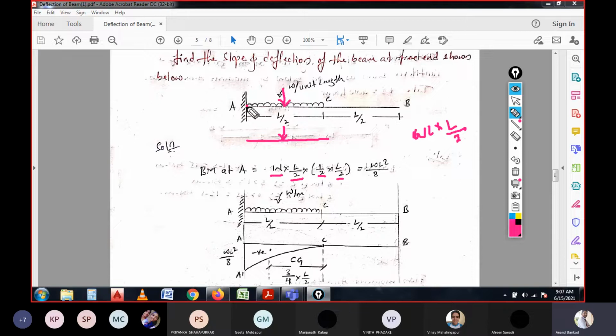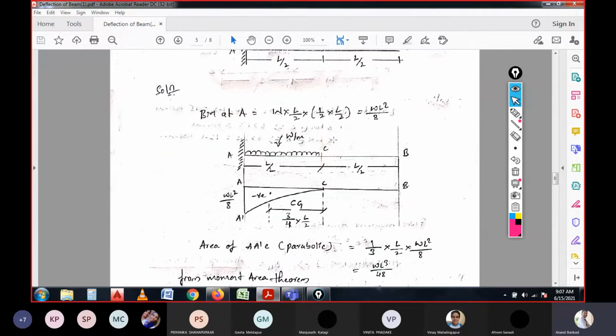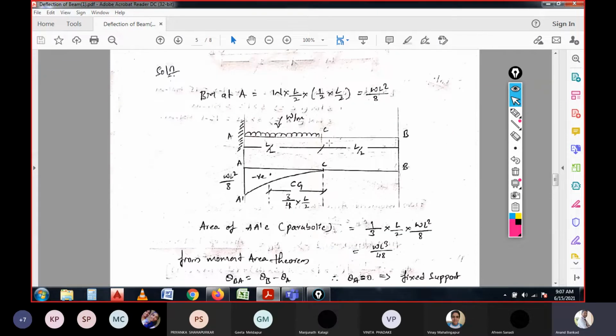So the moment at A due to the UDL over the L by 2 span is WL square by 8. If it were for the complete span, it would be WL square by 2, and that can be solved similarly. But here it is quite different, having only half of the span. Once you draw the BMD, that is the bending moment diagram, for the given load, you will be able to calculate the moment at A as WL square by 8, which is negative.